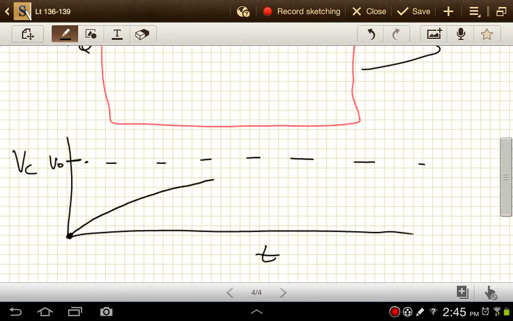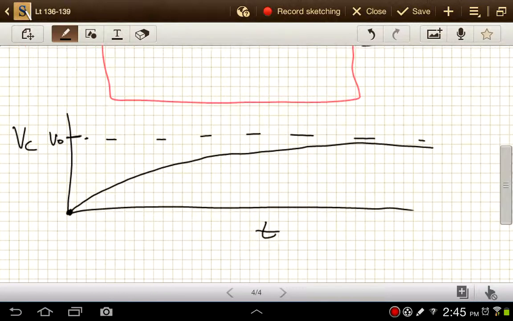So it looks something like this. So over time we get very, very close to V naught, so close that we would just say, yeah, we get to V naught eventually. And then as you add resistance, you change how gradual this curve is. So it becomes more and more gradual as you add more resistance, or it takes longer to charge.